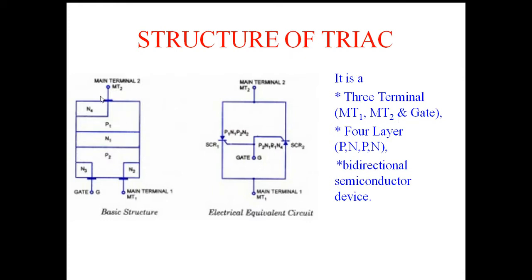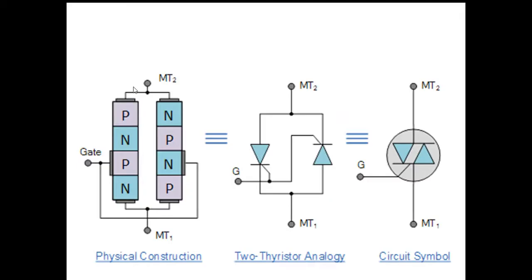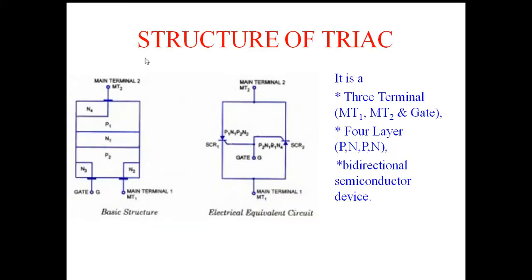So this is the layer structure of the triac. It consists of three terminals like the SCR, but the terminals are MT1, MT2 and gate: main terminal 1, main terminal 2, and gate. Why do we represent them as MT1 and MT2? Because we have conduction in both directions.